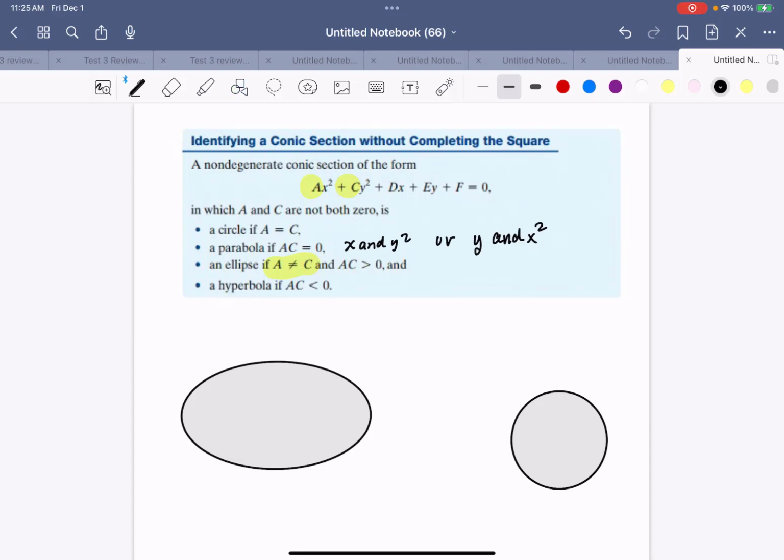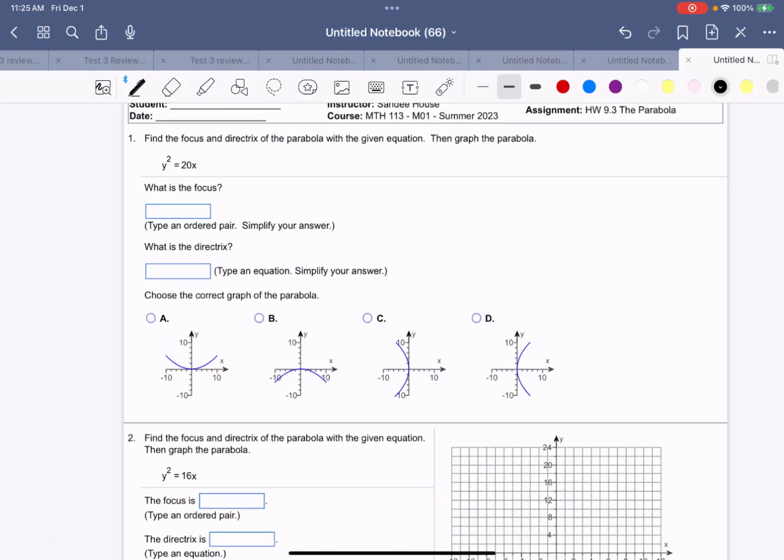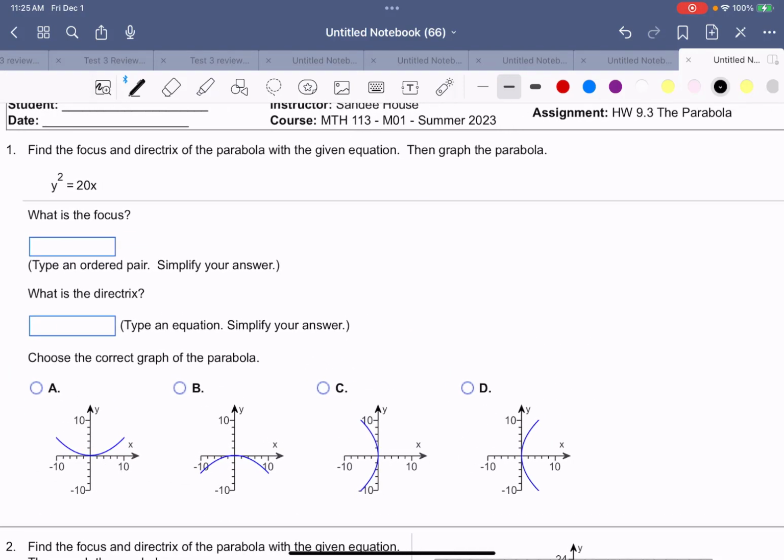Well, that means one of the variables is positive, one is negative. Okay, so we'll go through each of these and identify some of these equations without actually having to graph them or anything.